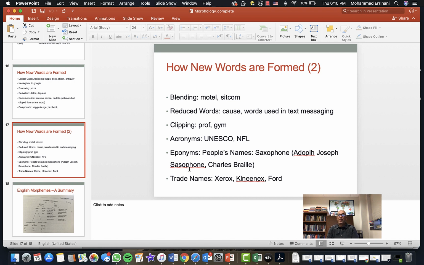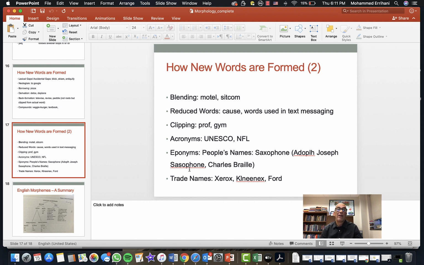I'm pretty sure young people can think of so many other words that I can't think of. Clipping is basically when you take a word and you clip it, and it becomes a shorter version of the actual word. So instead of professor, you have prof. Instead of gymnasium, you have gym.